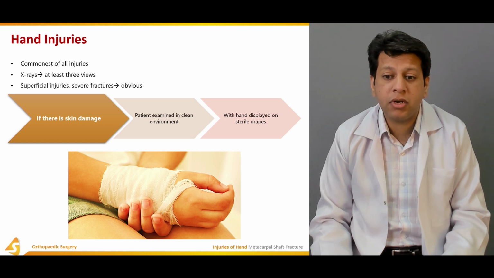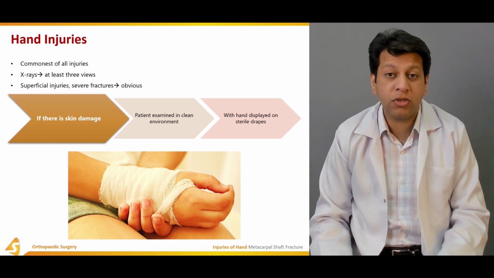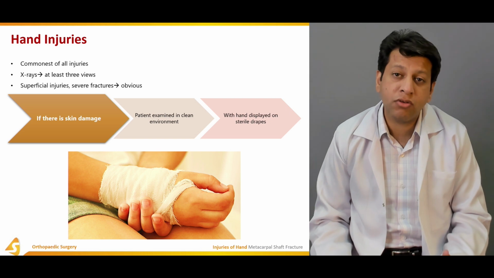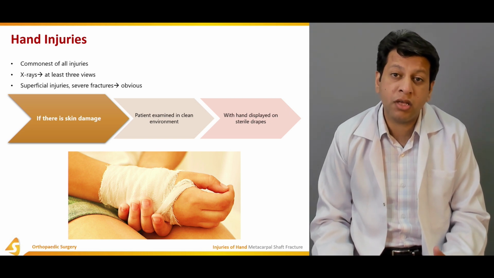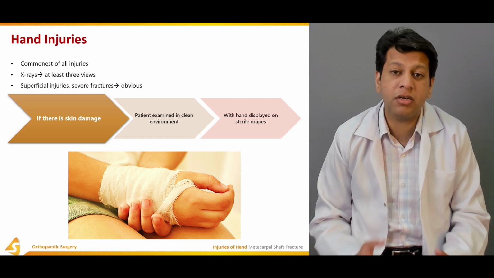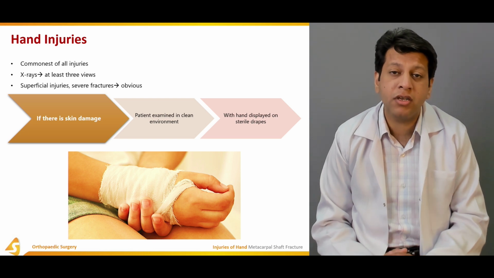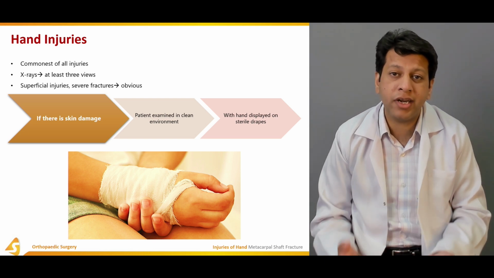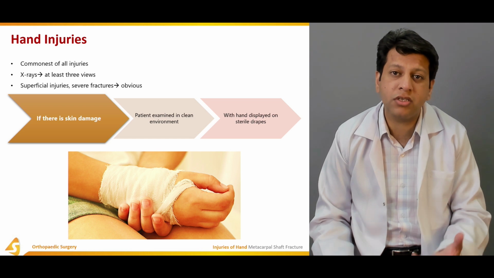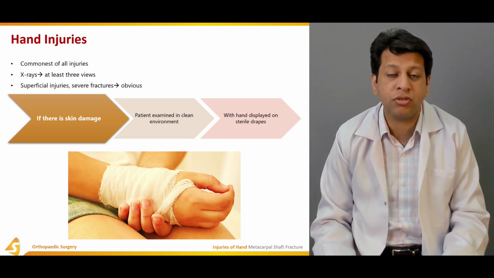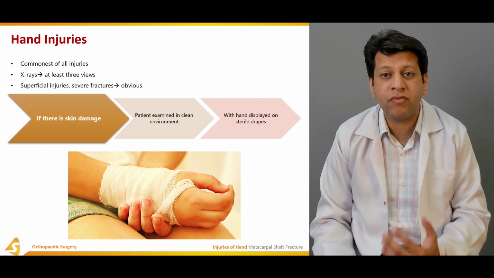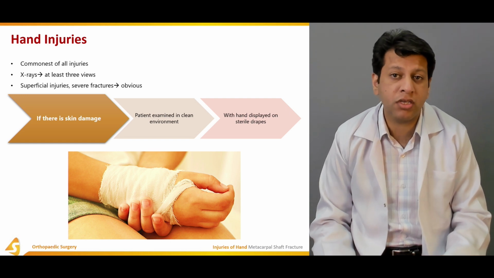With the hand displayed on sterile drapes. Why? Because when we are examining the extent of neurovascular damage or how much the fracture is, it must be done in a sterile environment. Otherwise, there are chances that it's already a very contaminated wound, and there are increased chances of contamination leading to osteomyelitis, severe necrotizing fasciitis, or even compartment syndrome in the case of the hand.